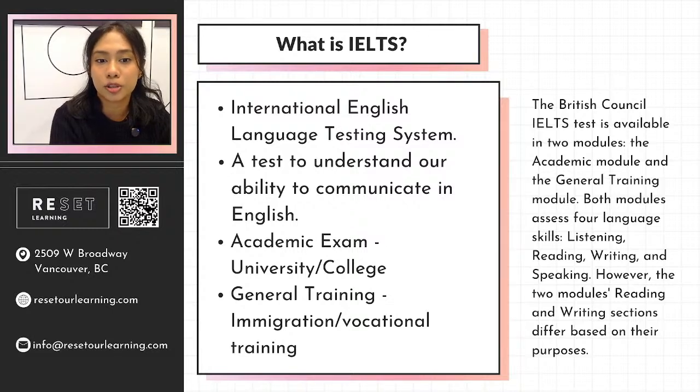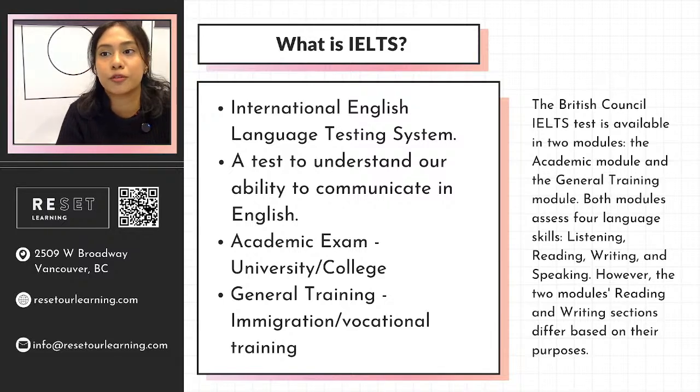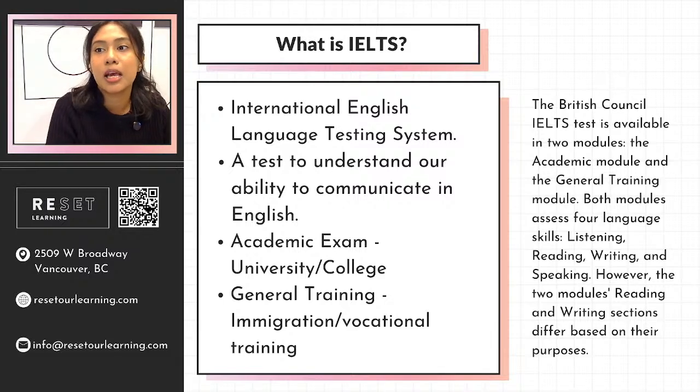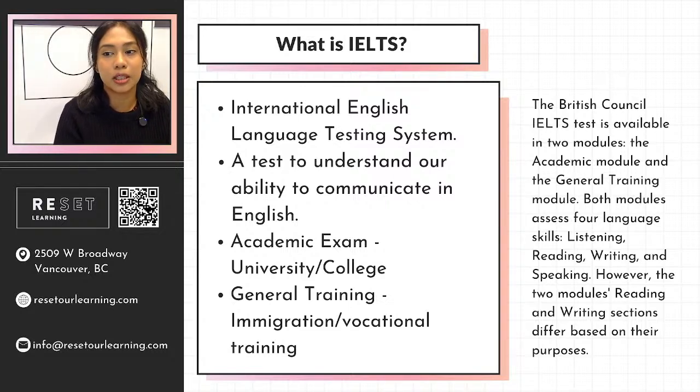The general training helps you with immigration and vocational training. The British Council is where we usually register for the IELTS exams. The two modules have some similarities, but they do stand out, especially in the reading and the writing sections.